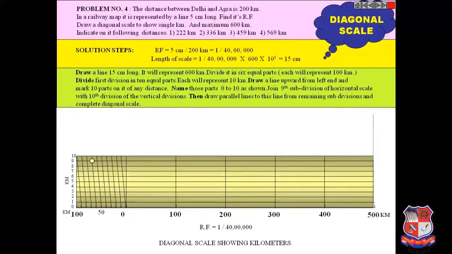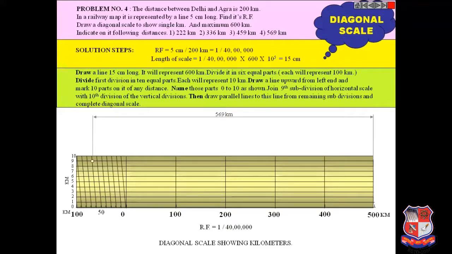See here, one line from 500 kilometer and here you have to show one point, that is the 6 point, and the 9 point intersects at this point. So it will show your 69. So 569 kilometer you have to show here.